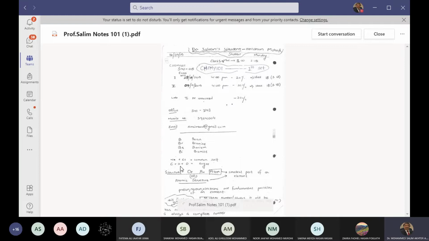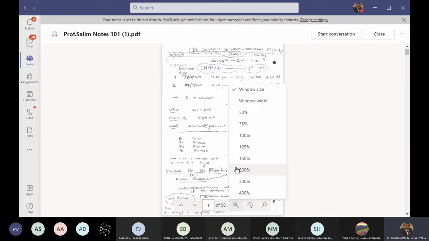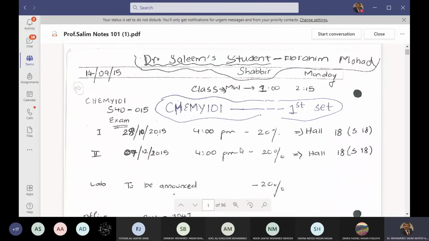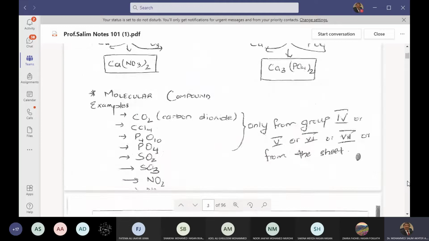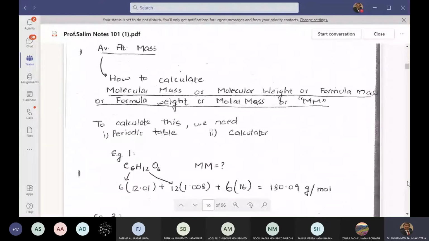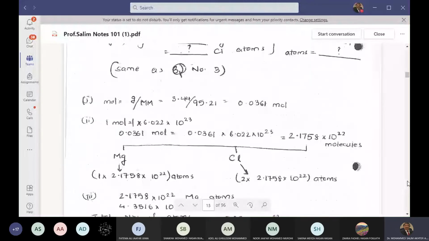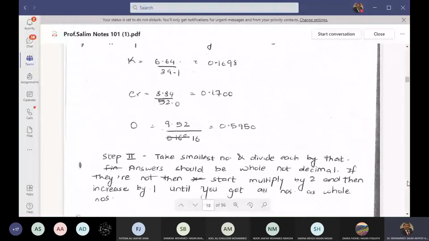Then after that, we tried to formulate a few gas laws. You can formulate any gas law you like. We did only four. And these four gas laws were Boyle's law, Charles' law, Avogadro's law, and there was one more, which was P1 over T1 is equal to P2 over T2.